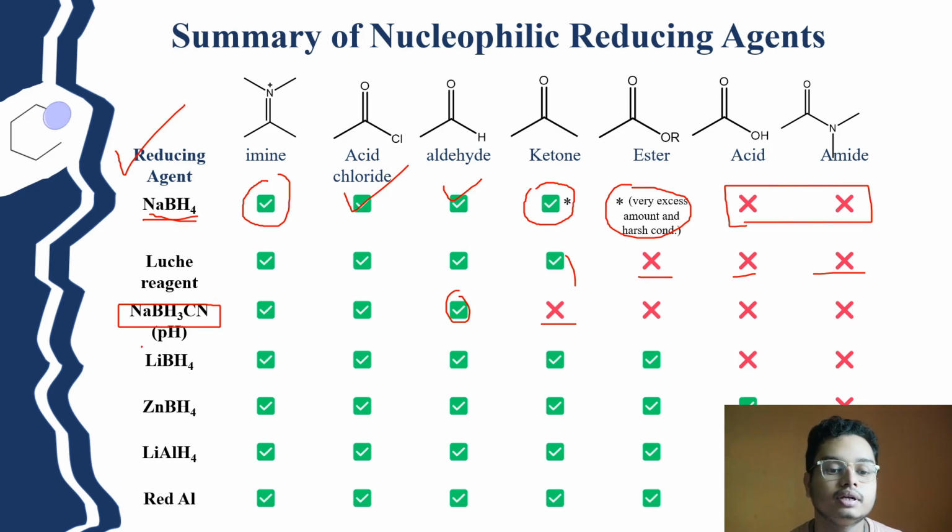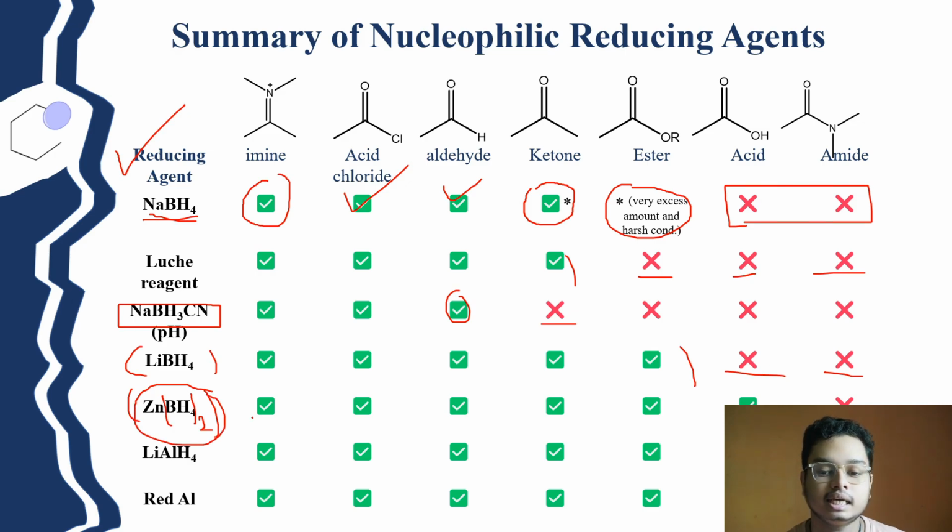Now let us talk about lithium borohydride. Lithium borohydride is capable of reducing ester, but it is not capable of reducing acid and amide groups. Zinc borohydride, Zn(BH4)2, is capable of reducing acid, but it is not able to reduce amide.